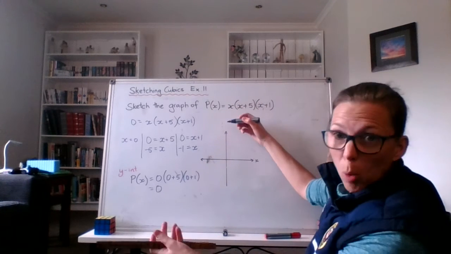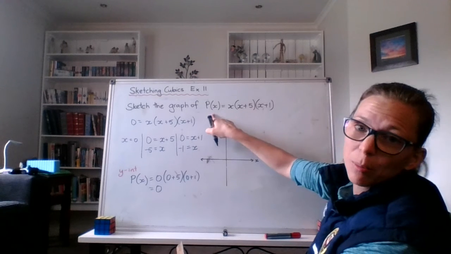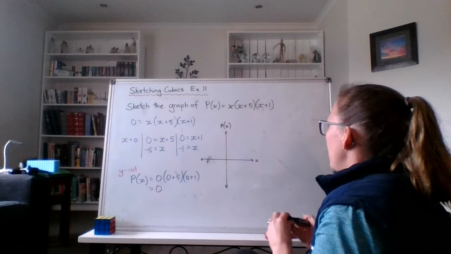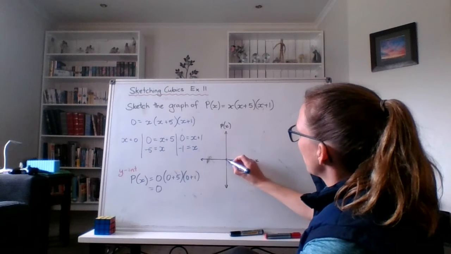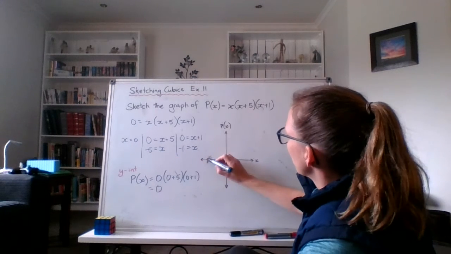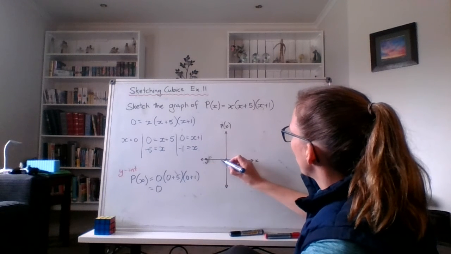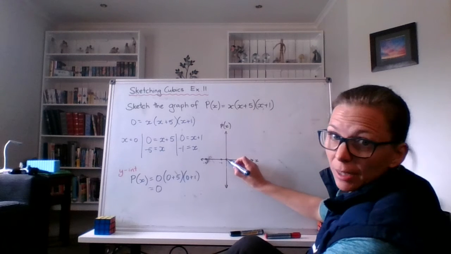Here is my y, or my p of x. Because it started with p of x, I'm going to keep it as p of x. Okay. So what I know is that I have a root at x equals 0, a root at x equals negative 5, and a root at x equals negative 1. I also know my y-intercept is here.